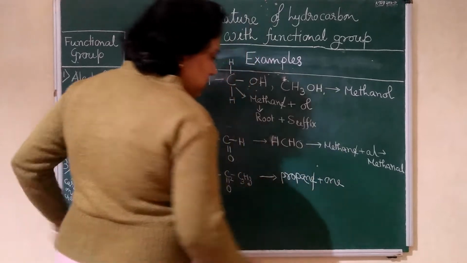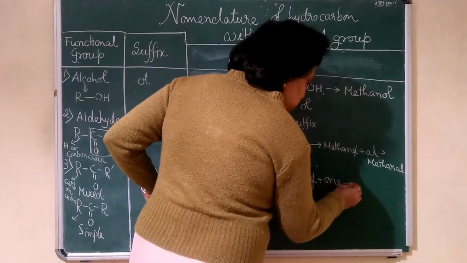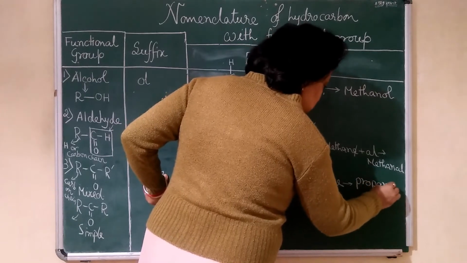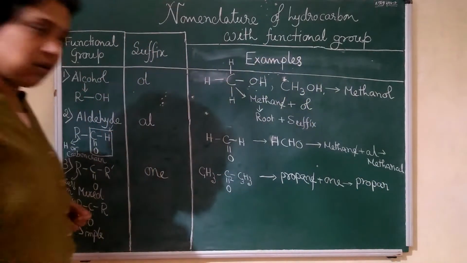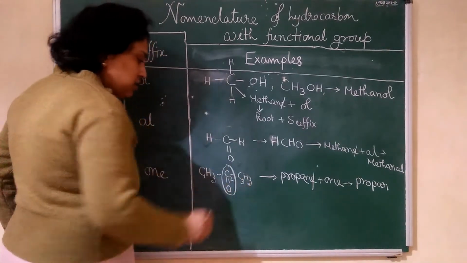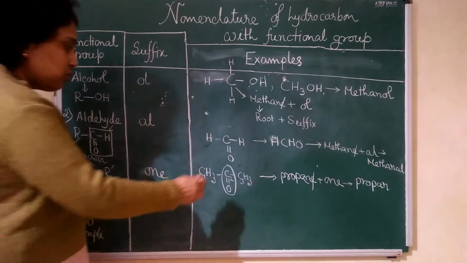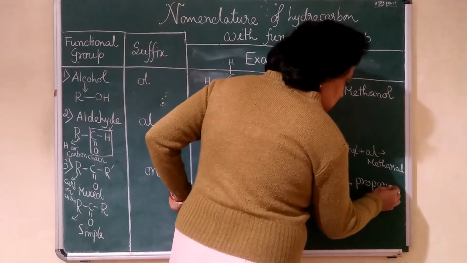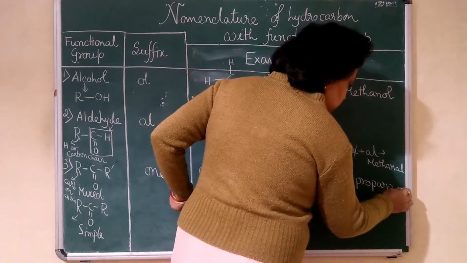E will be omitted again, so the nomenclature will be propanone. Now here, this is the functional group. Which position is it? This is the second position. So that's why propan-2-one.